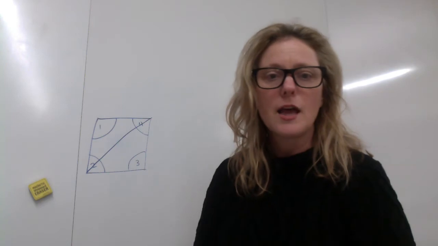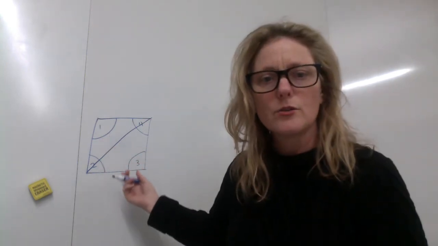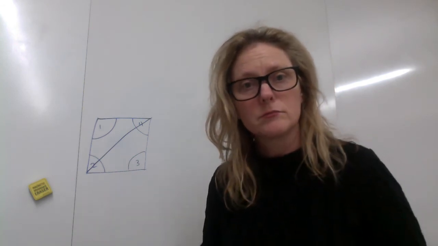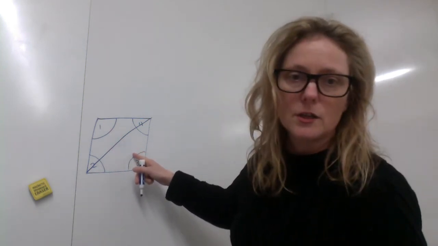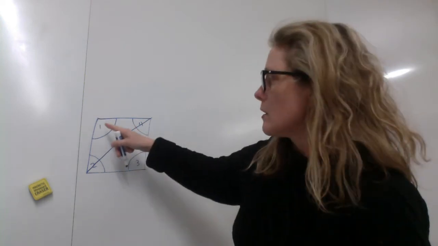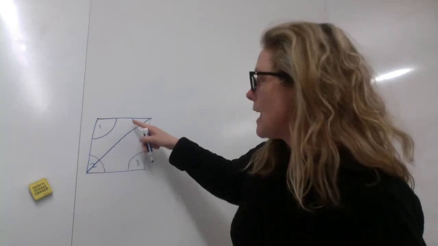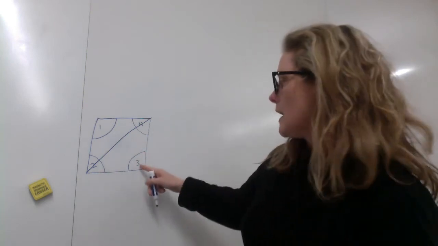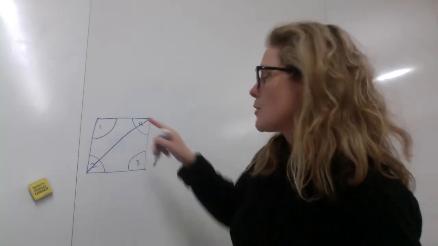Now, how many triangles do I have in that quadrilateral? Matt, how many do we have? That's right, we got 2. There's this triangle and there's this triangle. Notice that this one has angle 1, part of angle 2, and part of angle 4, but the other triangle has all of angle 3, the other part of angle 2, and the other part of angle 4.